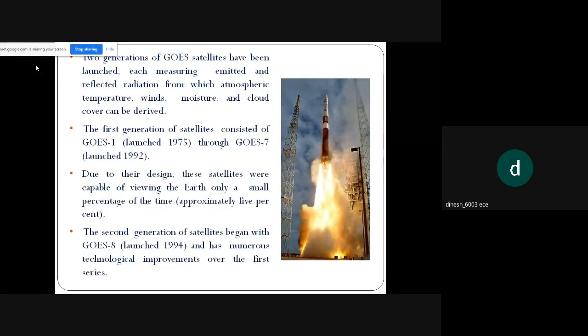During their design, the satellites were capable of viewing the Earth only a small percentage of time, approximately 5%. Then the second generation of satellites, which began with GOES 8, launched in 1994, had numerous technological improvements over the first series.